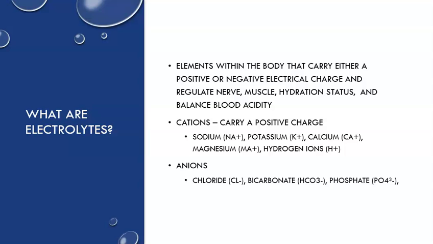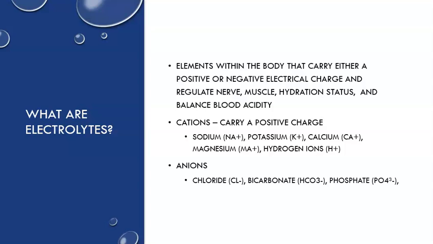So what are these electrolytes that I'm talking about? Electrolytes are in the body. Sodium, potassium, calcium, magnesium, and hydrogen are our cations, so they carry a positive charge. Your anions, which carry a negative charge, are chloride, bicarbonate, and phosphate.